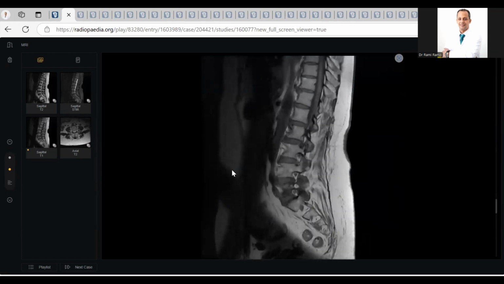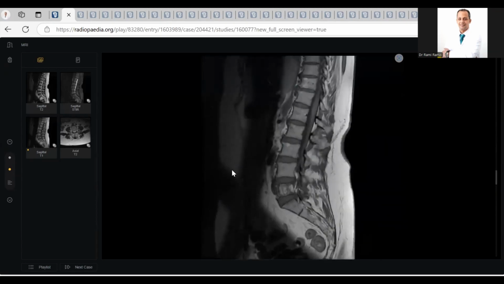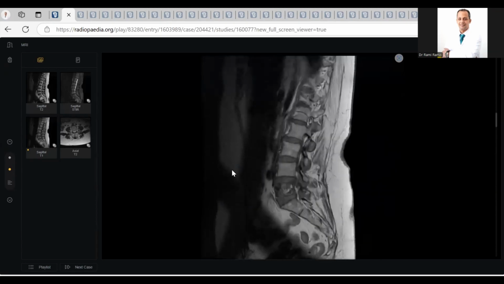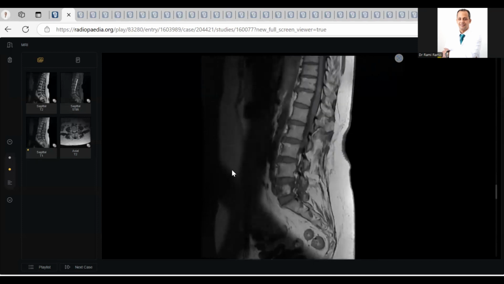So I'm thinking first in view of hemangioma rather than secondaries, because the signal is still maintained. It is a mixed signal, and even the low signal part is not lower than the corresponding paraspinal muscle signal. I am also looking for any posterior element involvement.